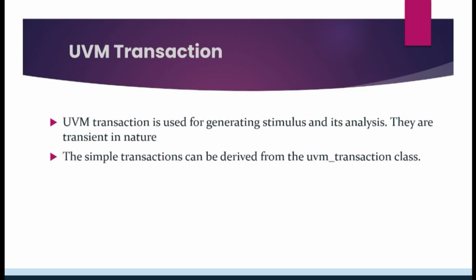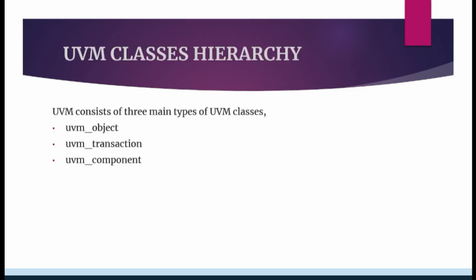So if you want a sequence specific transaction, it will be derived from the UVM sequence item. If there is no specific transaction, just simple transactions, they can be derived from the UVM transaction class, right? So this is about UVM object, UVM transaction, and UVM component.